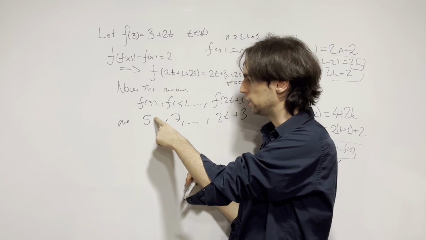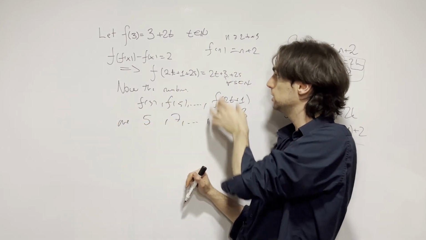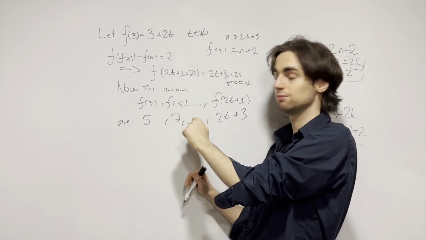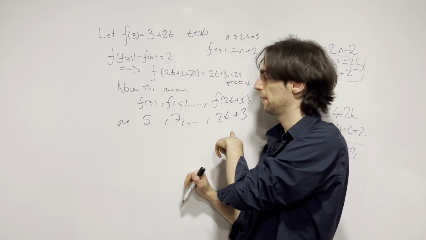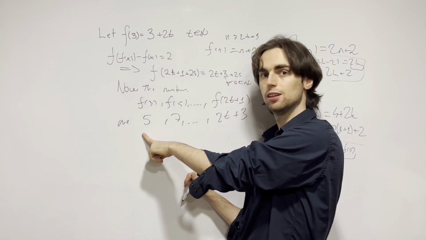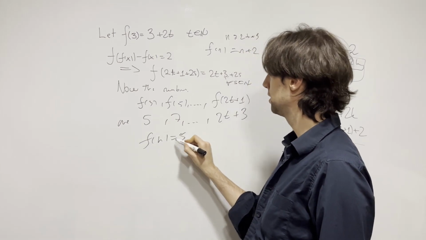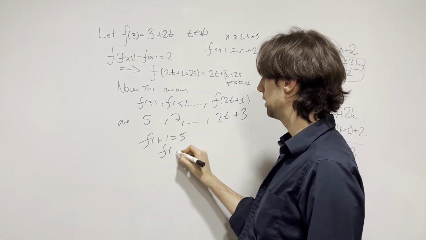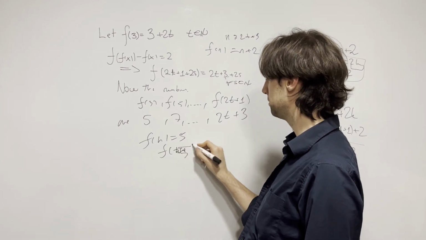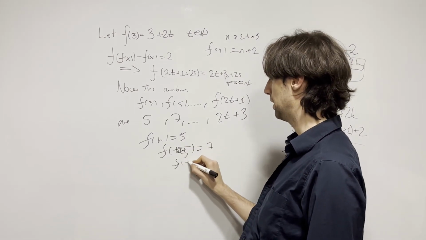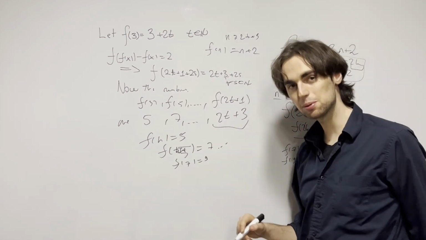Take the one which is equal to 5. Because they have to be odds, and these are the only odds, and they can't be equal to any one of these that are greater than 2t plus 3. So take the one which is equal to 5, let f of k be equal to 5, and then you will have f of 5 equal to 7, f of 7 equal to 9, and you'll have all these numbers set up.